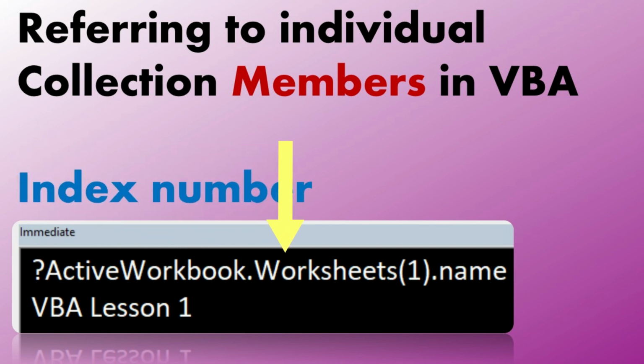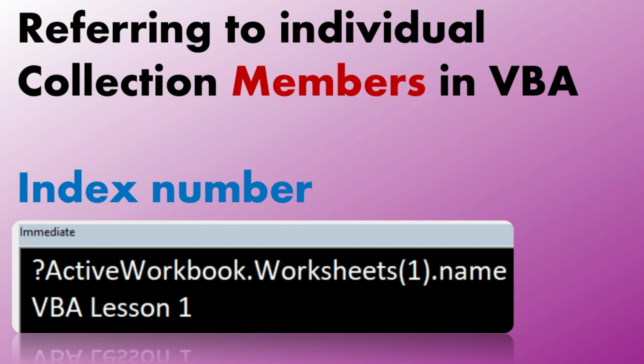The command was issued against the first member, indicated by the 1 of the worksheets collection. In this particular case, VBA Lesson 1 was the name of the first object in the collection. You must be aware that indices may change in a collection, so you can't necessarily depend on index 1 always being this particular worksheet object.